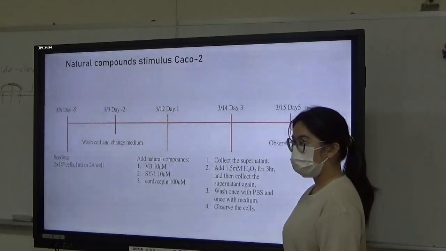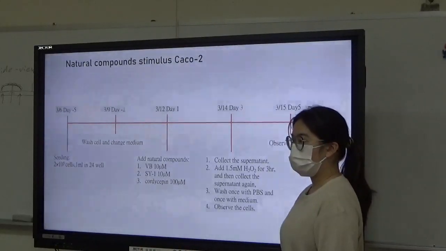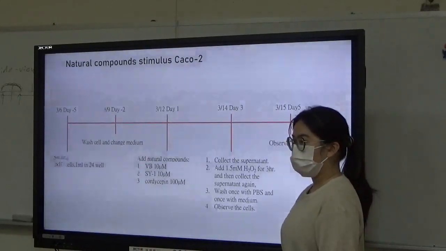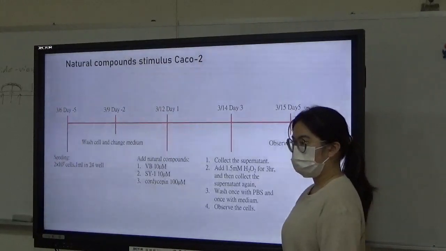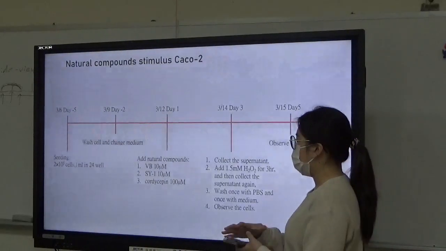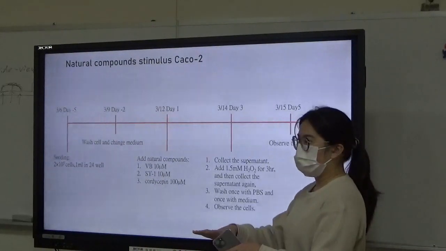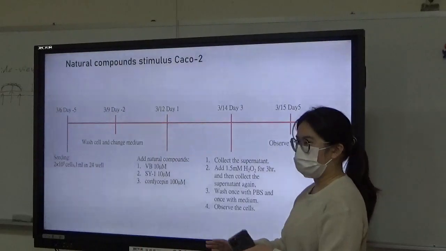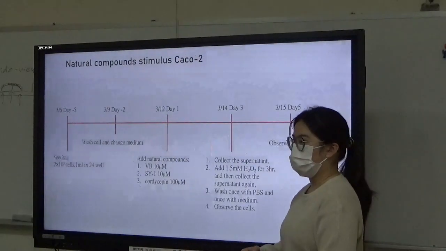What number, like confident, 80% or 50%, did you see for the cell condition at day 1? I think it's 4.